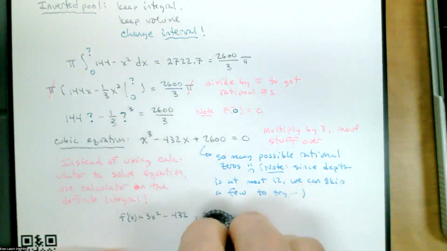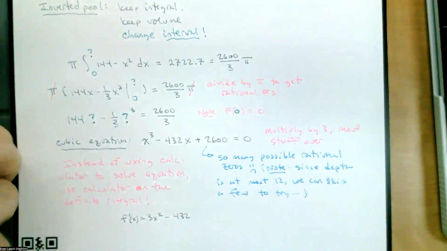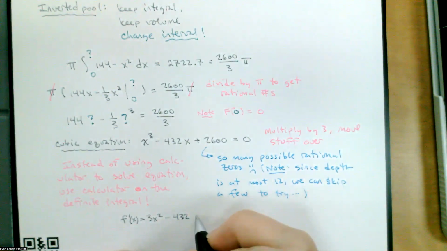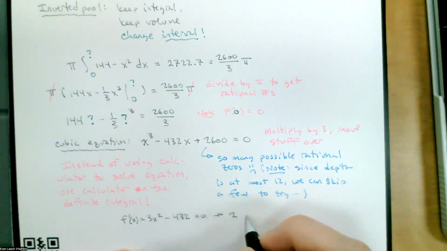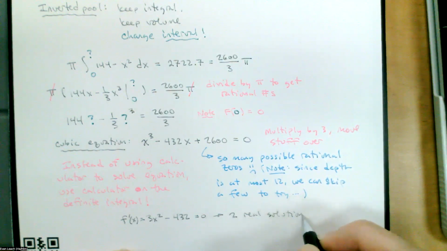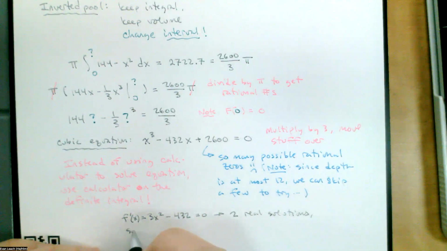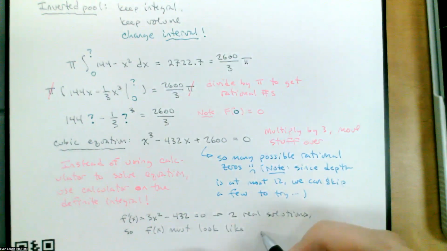F prime of x is equal to 3x squared minus 432. If we set this equal to 0, we get 2 solutions. So we must have a local maximum and a local minimum like this.